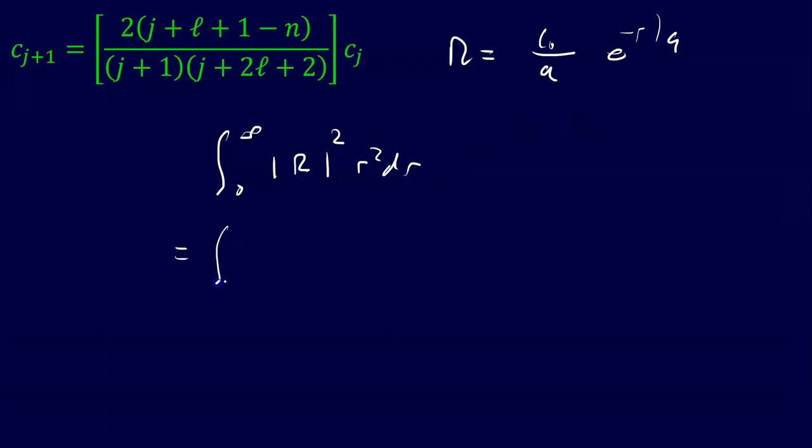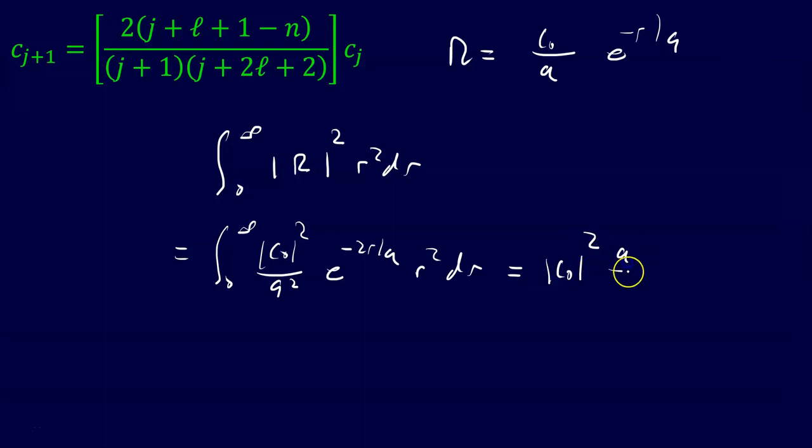If I plug this in, I get the integral from 0 to infinity of the absolute square, c naught squared over a squared, e to the negative 2r over a, r squared dr. And this particular integral can be done by looking it up in the back of the book or a table, and I get a divided by 4. Now we want that to equal 1 in order for this to be properly normalized, which one way we can do is c0 equal to 2 over radical a.